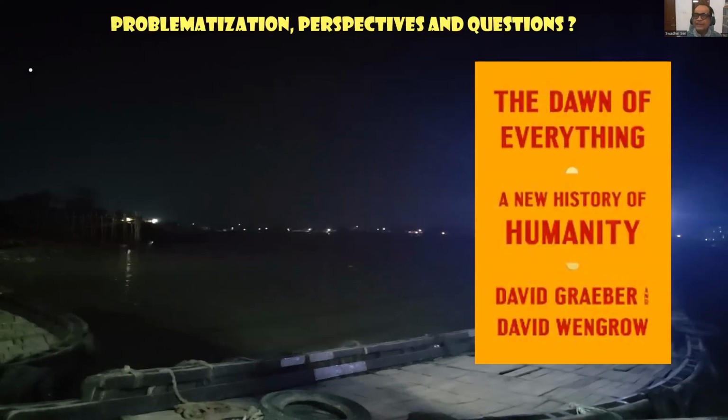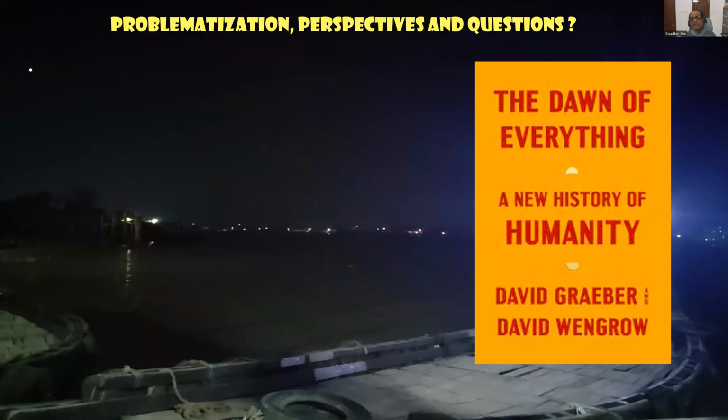And I would like to begin with the much debated, much discussed and very well received bestseller book by David Graeber and David Wengrow, The Dawn of Everything: A New History of Humanity. In fact, when I was reading this book, it covers so many things, it is almost a 600-page book, but still so many things have been covered, which raises many questions and many criticisms also.